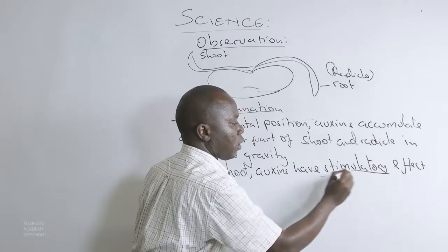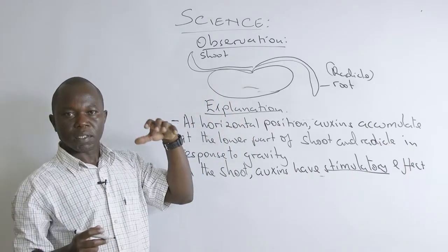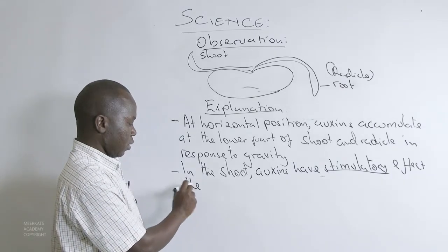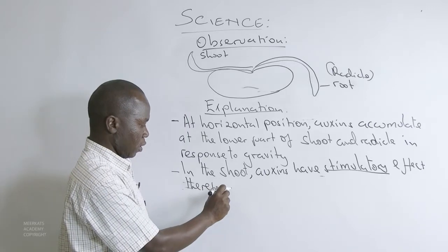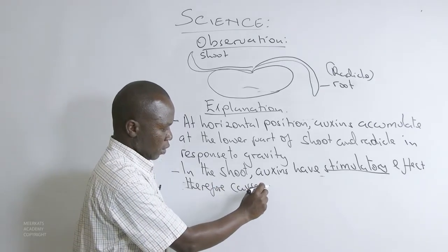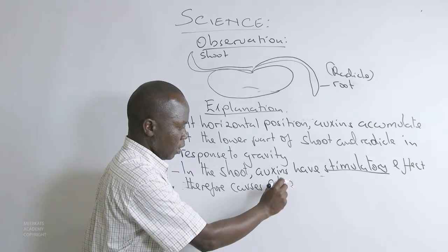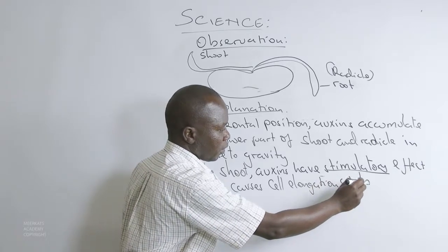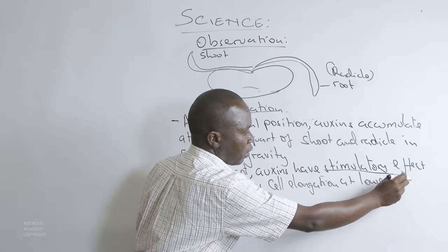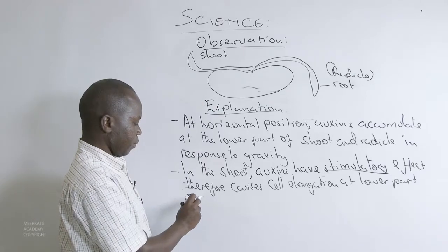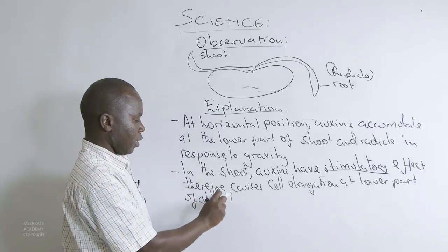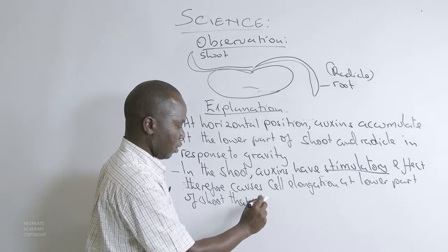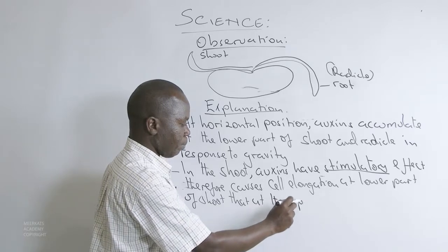In other words, it's going to cause cell elongation at the lower part of the shoot than at the upper part.